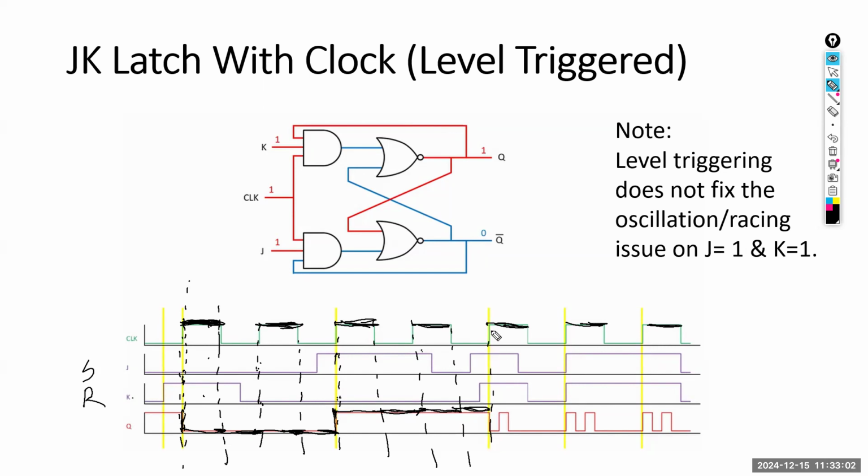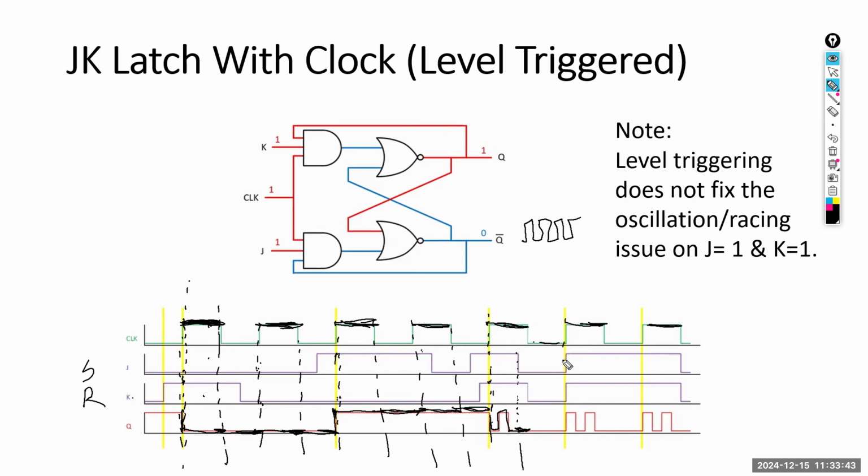Until this time, nothing changed. That is memory. By this time, both are 1. Now we are in trouble. Why? By the time the clock is at the high level, both S and R, or J and K, are 1. That is a racing situation. Racing situation means it goes down, goes up, down, goes up. During that period, it will go like this. But after some time, J becomes 0, or S becomes 0, then it is reset. So from this point, it is reset.